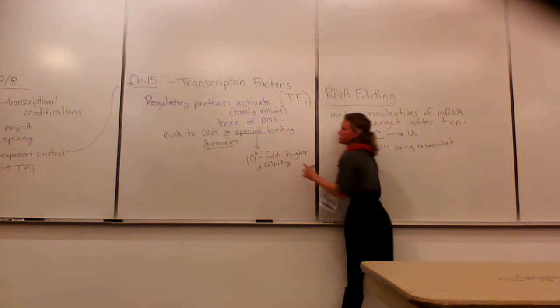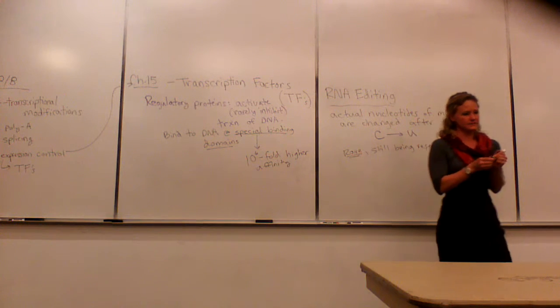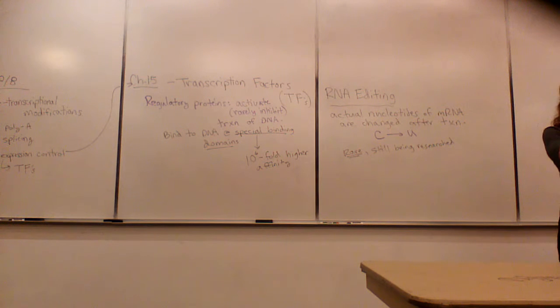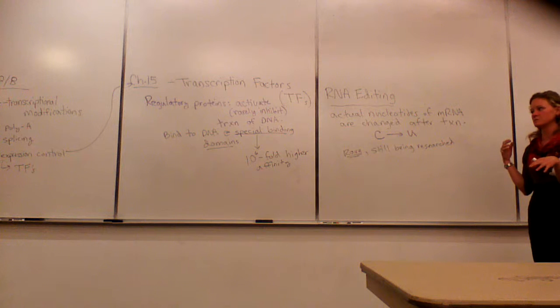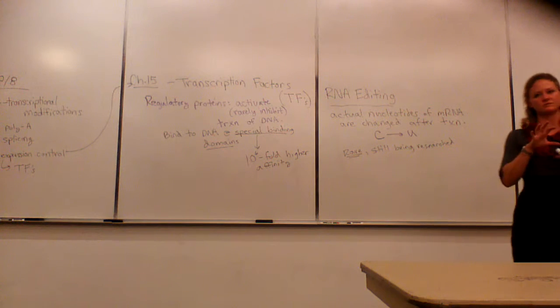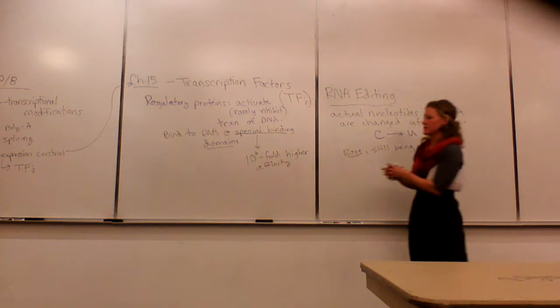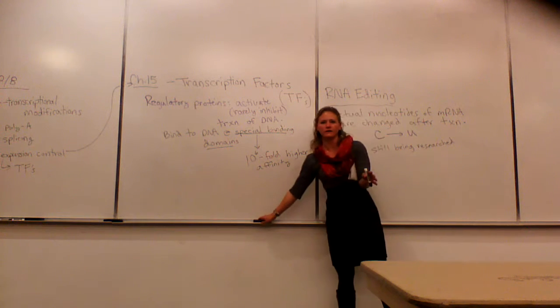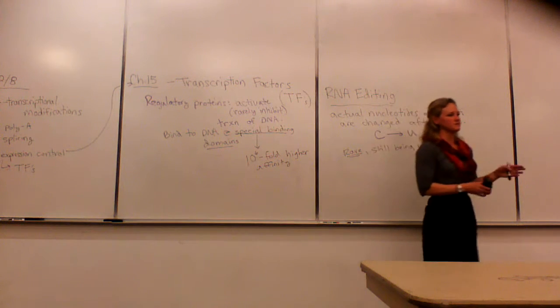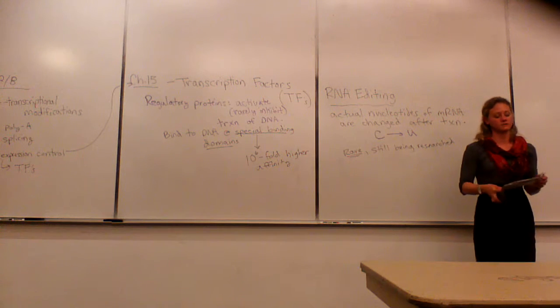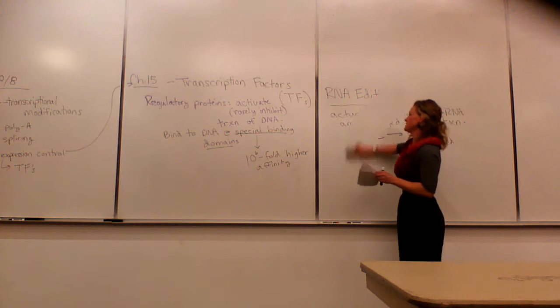So the transcription factor, its DNA binding domain to that specific sequence has a 10 to the 6th fold higher affinity than it does to any of the other sequences on the DNA. I know that was a concept for me that was a little weird to think about. Why doesn't a transcription factor bind over here or over here or over here? Obviously it's recognizing a certain sequence, but because of the chemical interactions, it has a way higher affinity to bind in its specific spot that it recognizes. Okay, so these proteins are very good at binding the DNA.